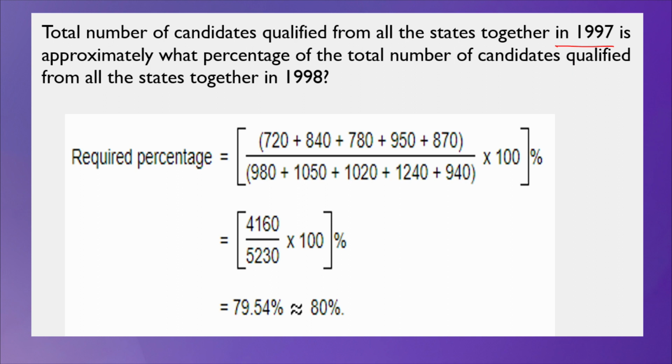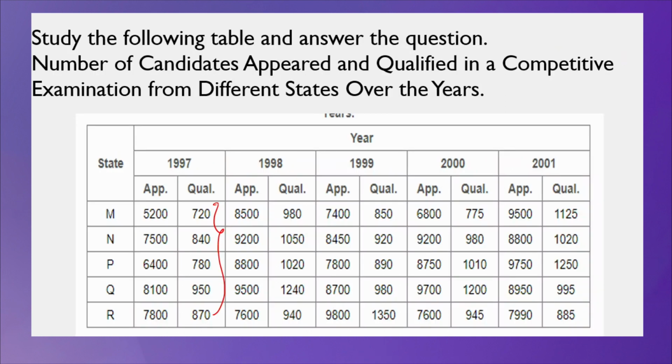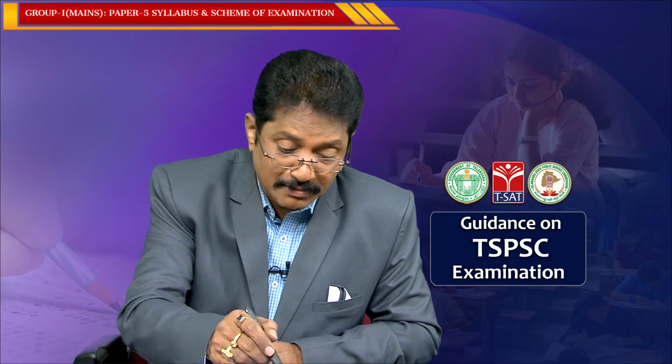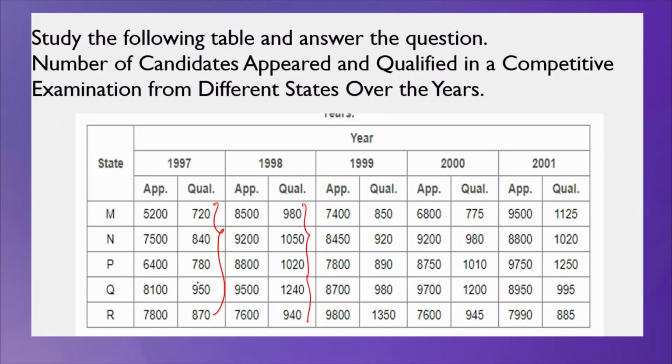Approximately what percent of the total number of candidates qualified from all the states together in 1998. So, you have to calculate who qualified in 1998: 980, 1050, 1020, 1240 and 940. You have to add all this and find the percentage. Take the sum for 1997 and divide it by the sum of those qualified in 1998.